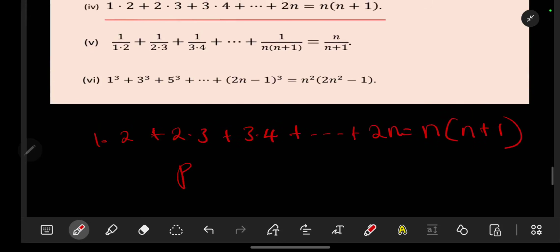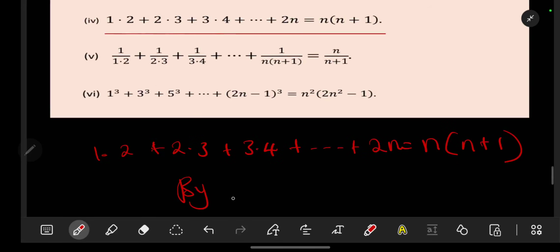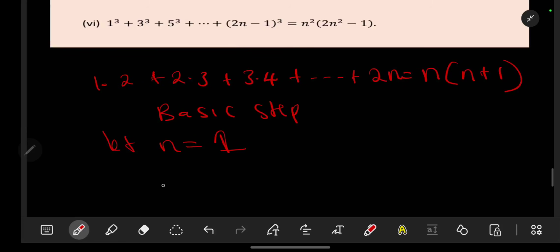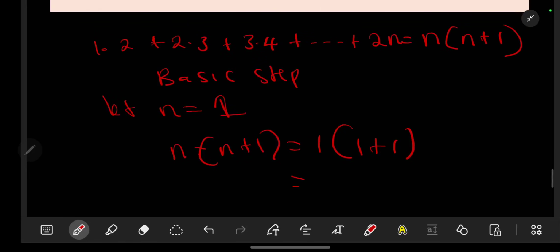So we are going to say by basic step, you are going to let your n be equal to 1 so that you replace there. So for n open brackets n plus 1, we are going to have 1 open brackets 1 plus 1, which will give us 1 by 2, which will be 2.